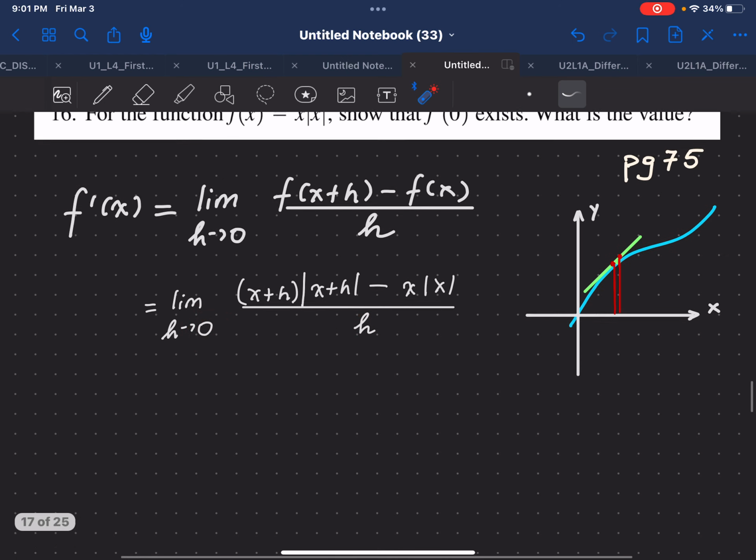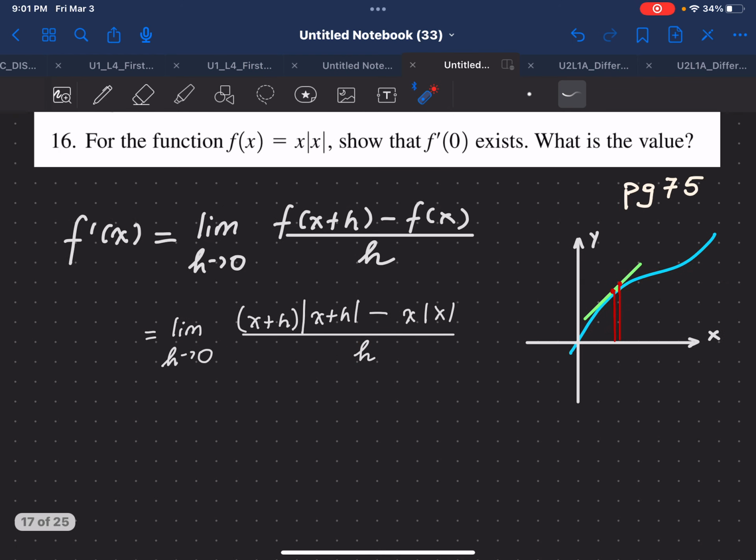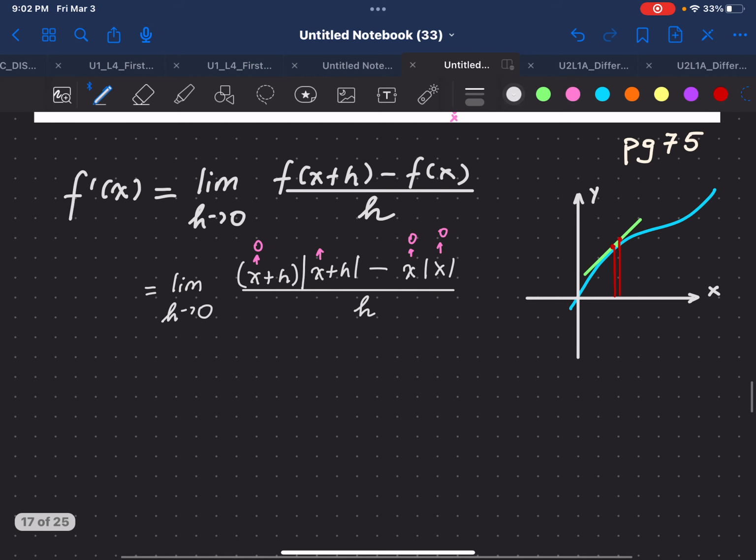But what we are going to substitute is the value where we are differentiating this function. So we are differentiating the function at 0. So what that means is we're finding the derivative at 0, so we will be replacing the value of x by 0, because that's what we are doing here, right? So here is 0 and here is 0 again. This will take no time, you'll see.